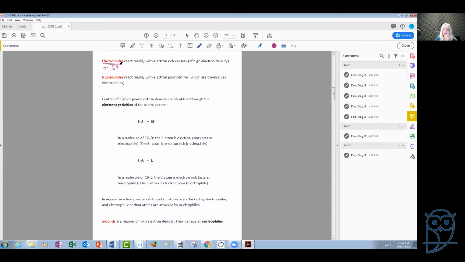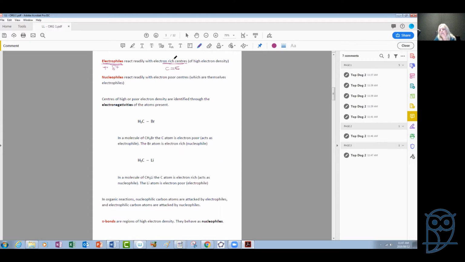So these electrophiles react readily with electron-rich centers. Now, what are these electron-rich centers? For example, we're going to see that a double bond between two carbons is electron-rich. So it can be an electron-rich center. Let's have this example here because it's an important example.